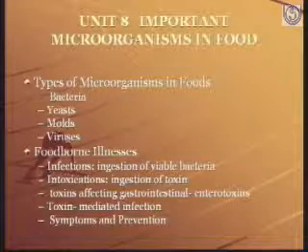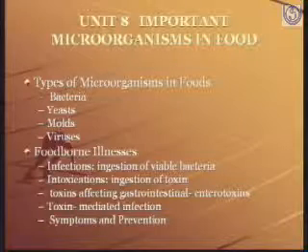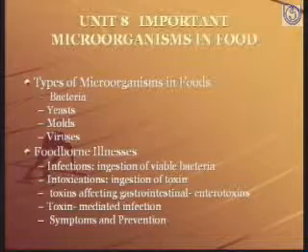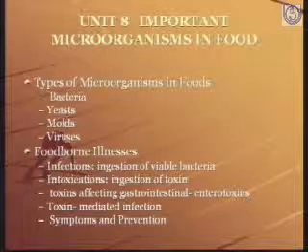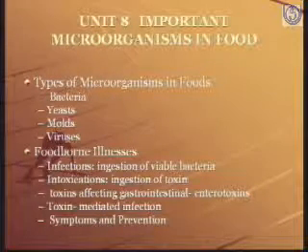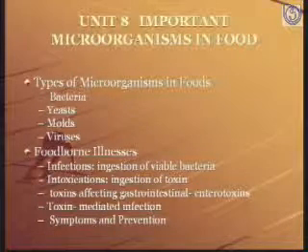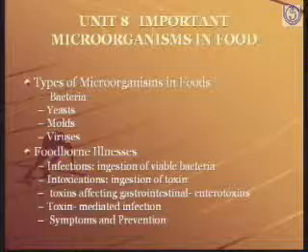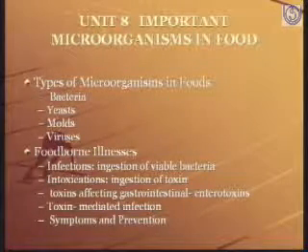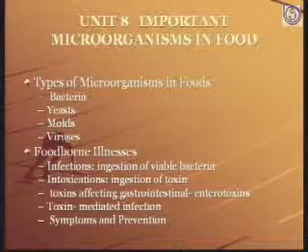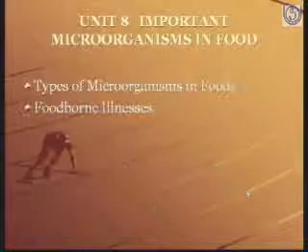Then foodborne diseases like infection: when we ingest viable bacteria, we call it infection. Intoxication is when we ingest the toxin which has already been produced by the bacteria in the food. Similarly, there is toxin-mediated infection. The symptoms and prevention of the different foodborne diseases are very well explained in this unit.